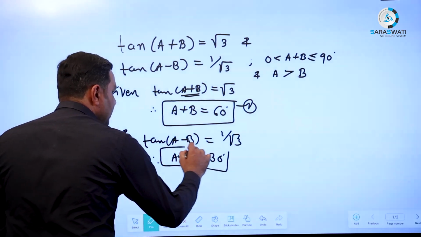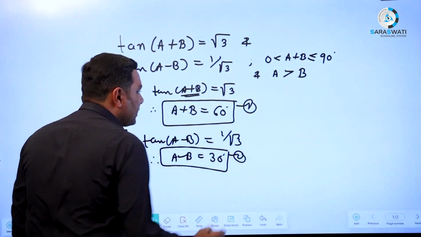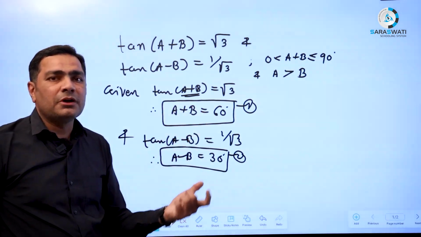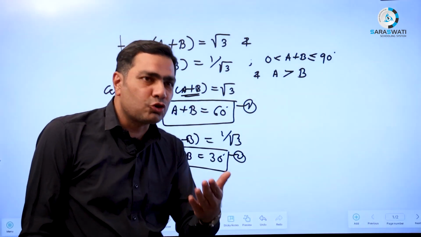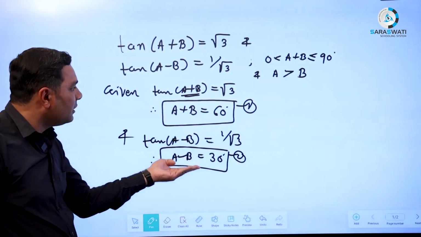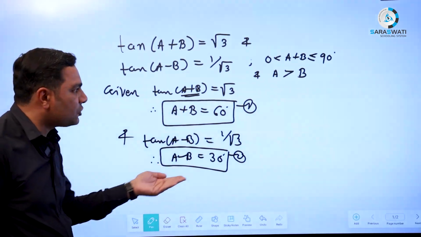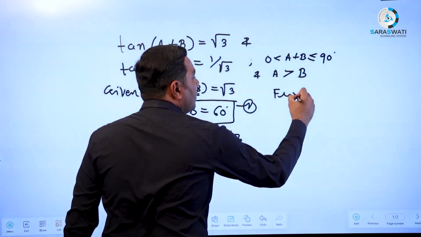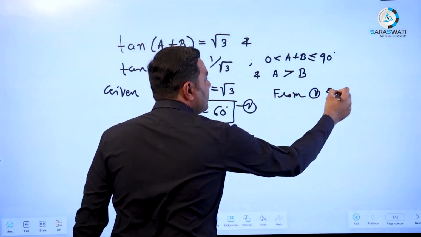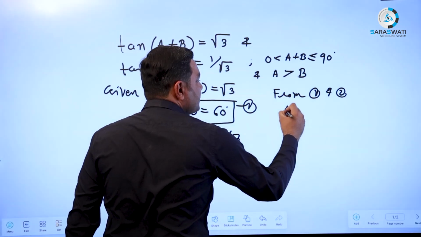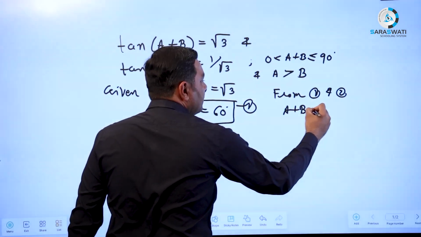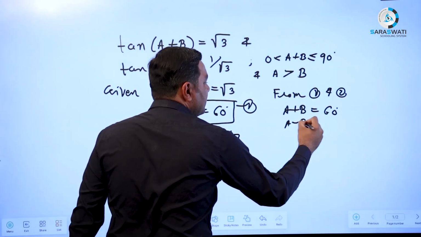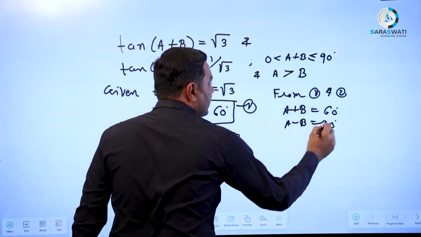And now if you see equations number 1 and 2, it clearly reminds you of chapter number 3, that is linear equations. And how to solve? It's very simple. By the elimination method we can solve. So from 1 and 2, I'll write the equations this way: A plus B is 60 degrees and A minus B is equal to 30 degrees.